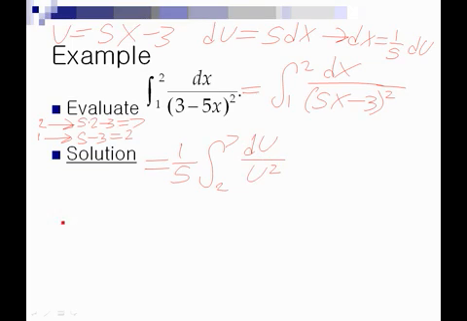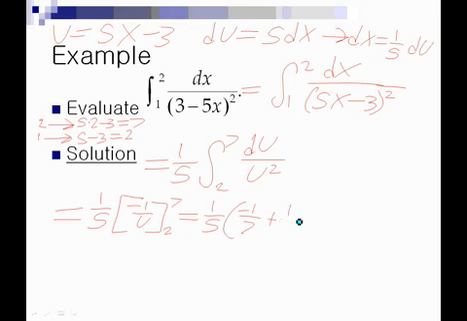And we go ahead and integrate that. Now we have 1/5 times a negative 1 over u, going from 2 to 7. So it's going to be 1/5 of negative 1/7 plus 1/2.